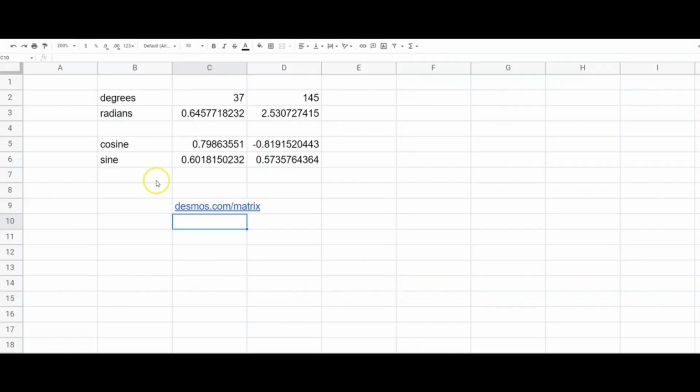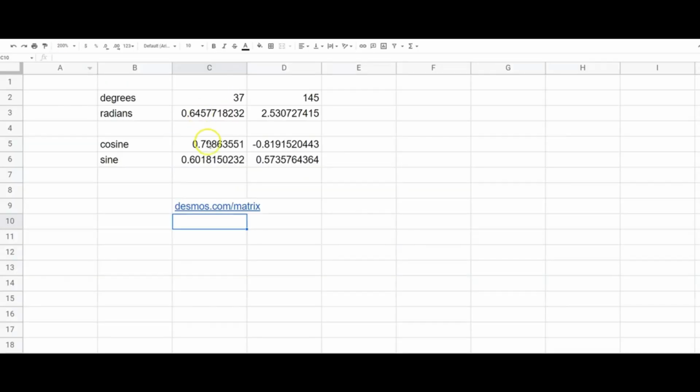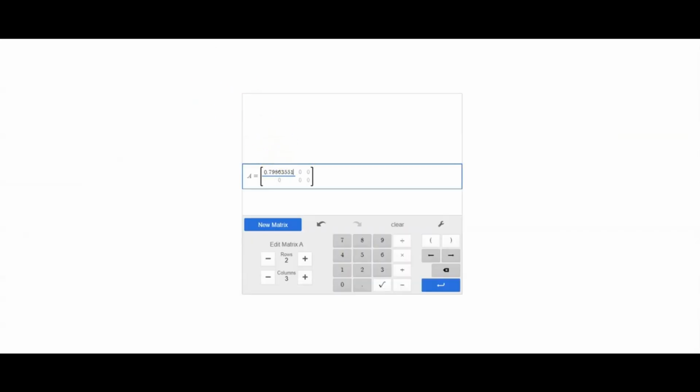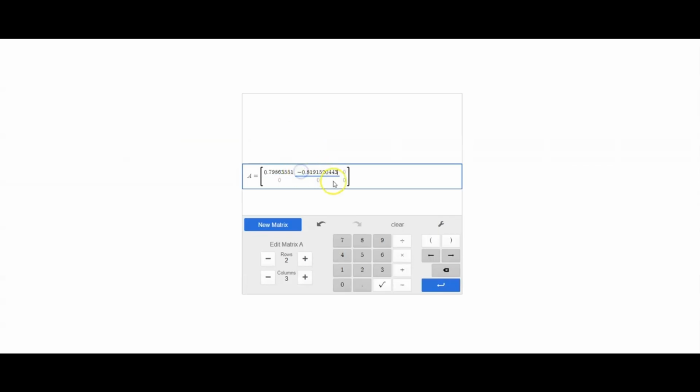Now you might be asking, why don't I just put sine or cosine of 37 degrees? This particular calculator does not support the cosine function. So that's why I need to enter in these values. So I'm just going to copy and paste that there, and paste that one there.